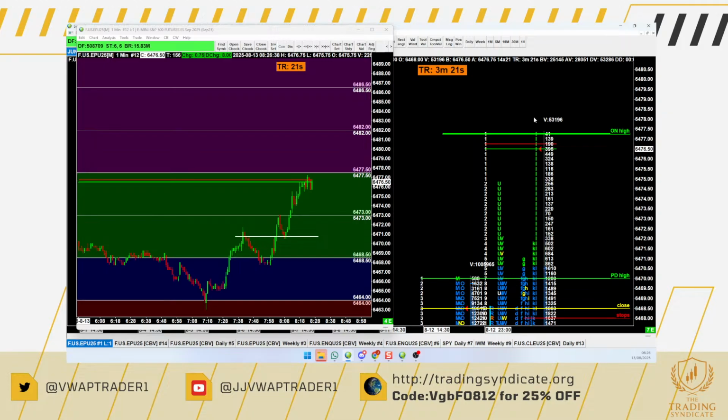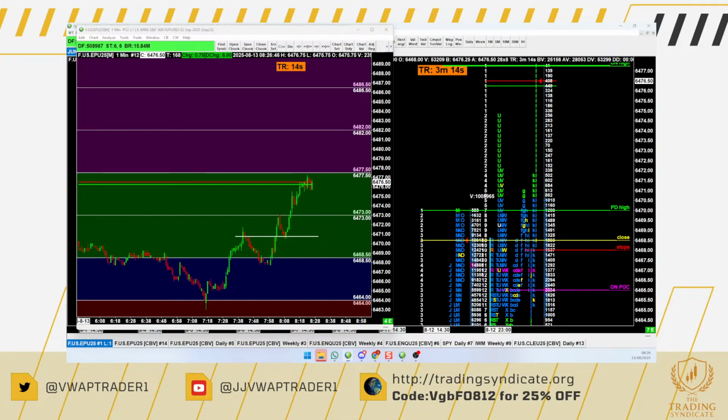So this is distribution, right? So this is the start. When you see these candles grouped together like this, what we're doing is taking this and selling it up here.